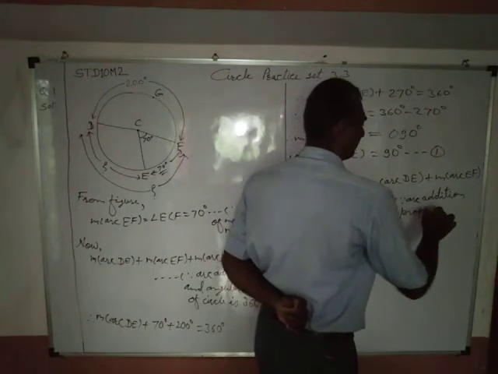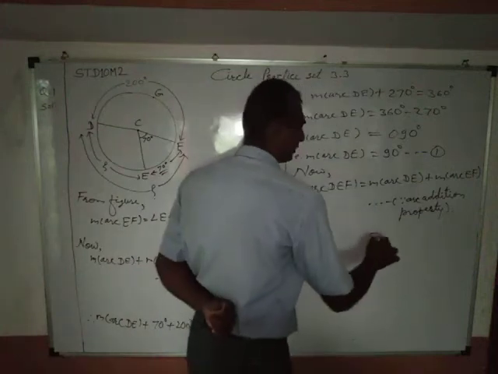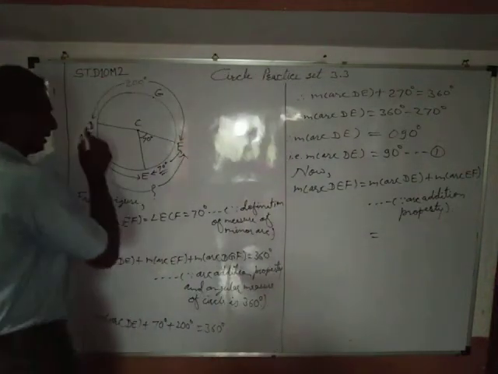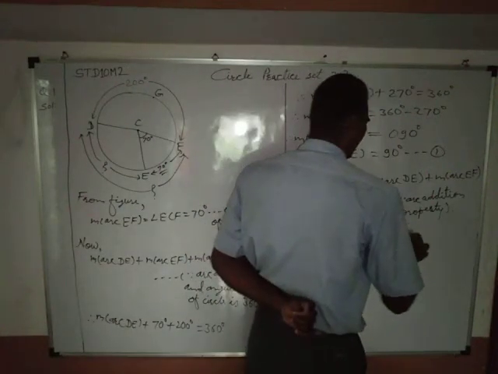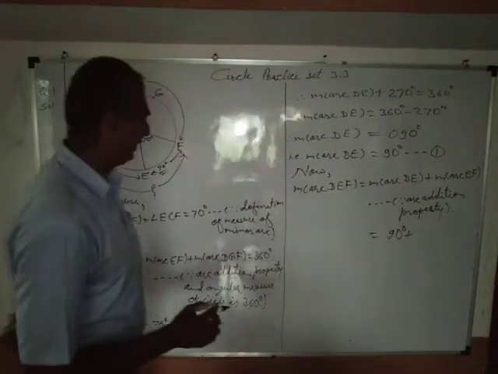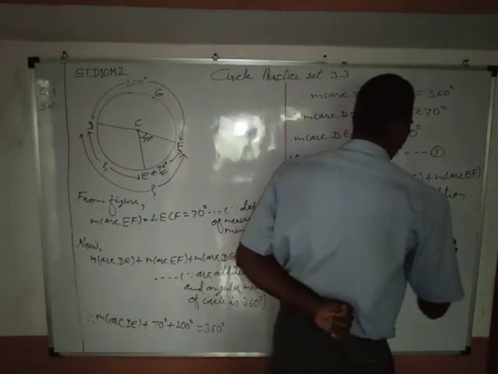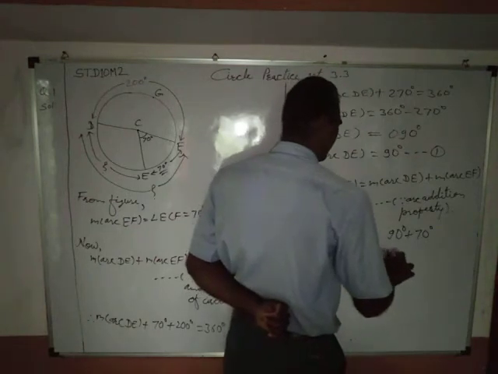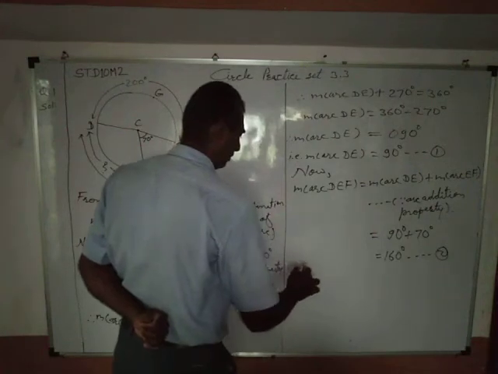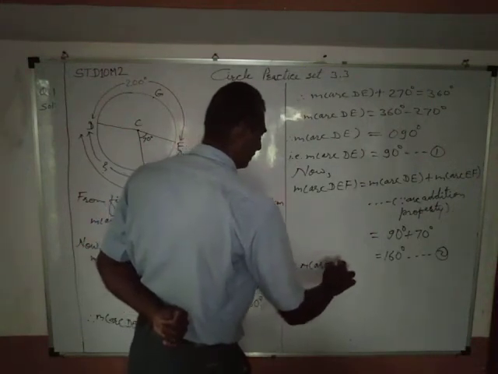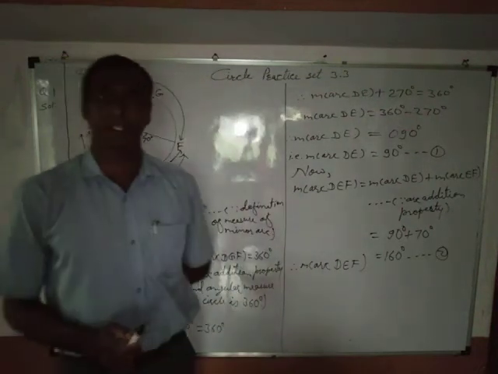Measure of arc DE, which is 90 degrees, plus measure of arc EF, which is 70 degrees. 90 degrees plus 70 degrees gives us 160 degrees. Equation second. Therefore, measure of arc DEF equals 160 degrees.